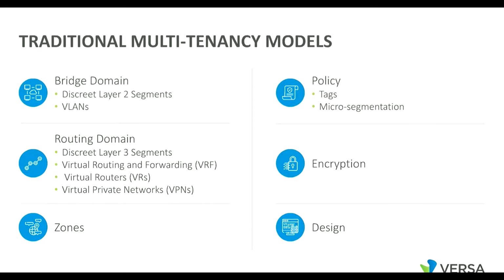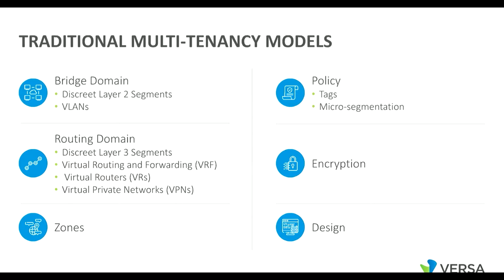Now, traditionally, we have dealt with multi-tenancy or segmentation models by using layer 2 bridge domains, whether that be discrete layer 2 segments or virtual LAN segments riding over a layer 2 or layer 1 network. Or in the routing domains, you could get into different things like VRFs, different VPNs or virtual private networks, or a zone concept, to be able to segment your network that way.